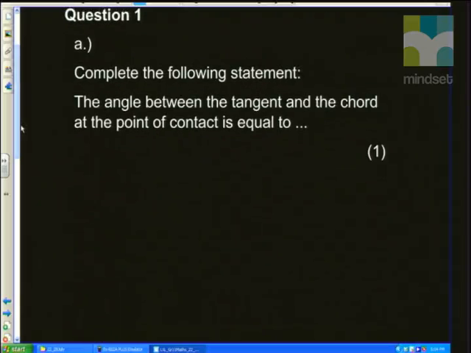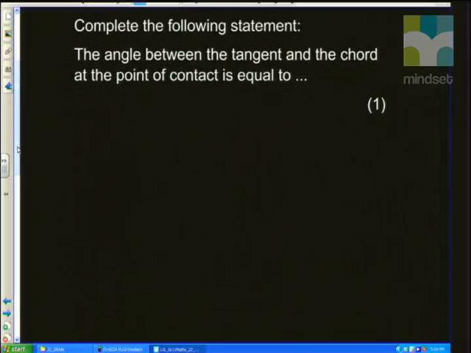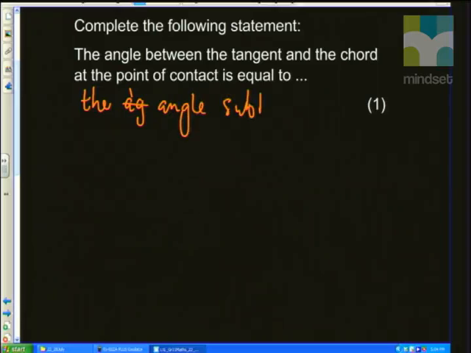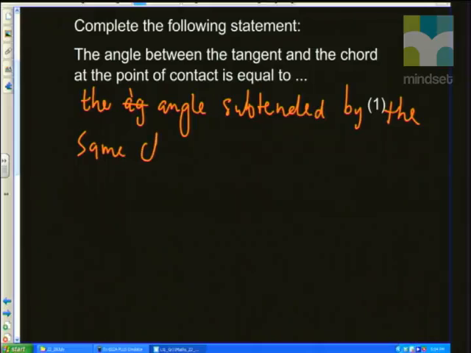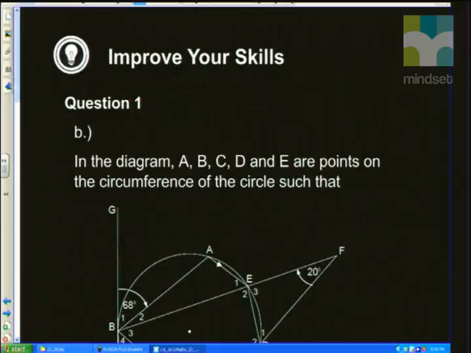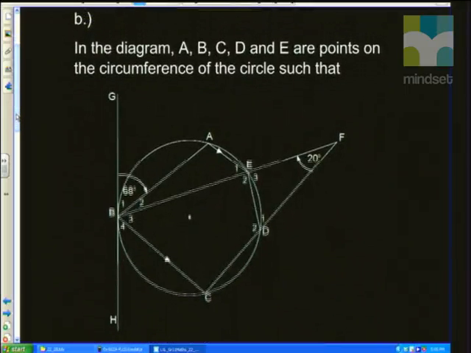The angle between the tangent and the chord at the point of contact is equal to the angle subtended by the same chord in the alternate segment.